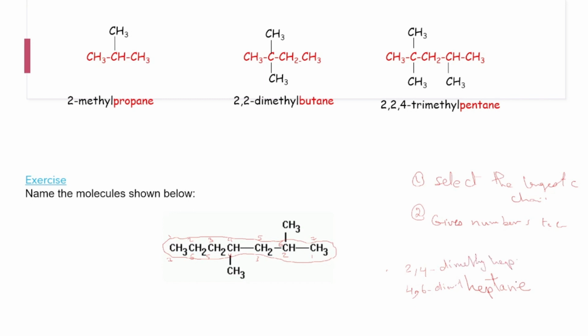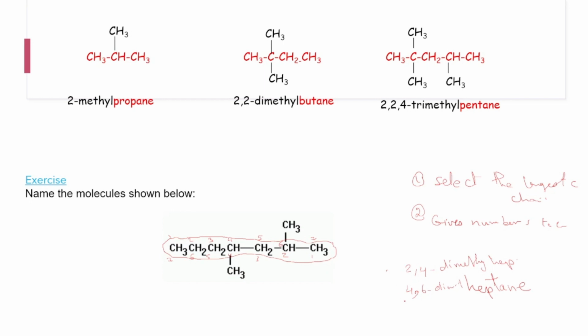So I'm going to have 2,4-dimethylheptane. As you can see, when we started the numbering from the left hand side, the methyl groups take numbers 4 and 6, but if I start from the right hand side, they take numbers 2 and 4. So this is less than that one.